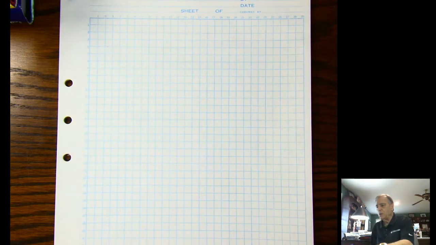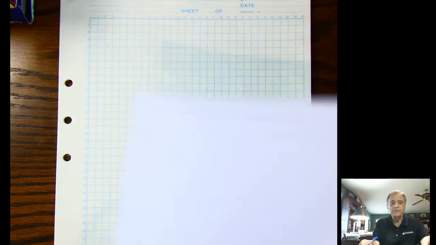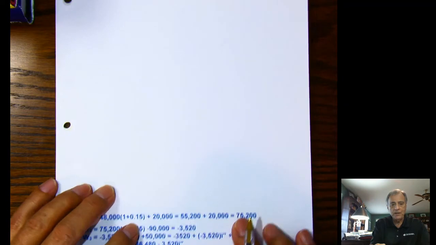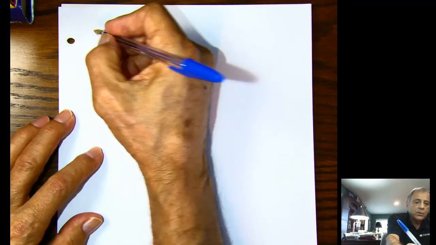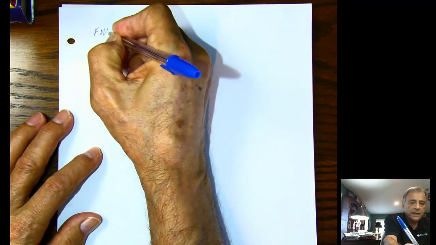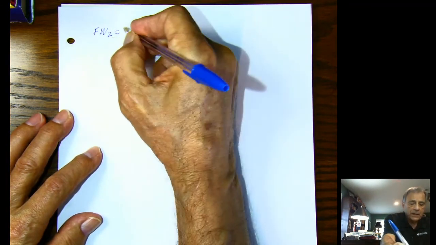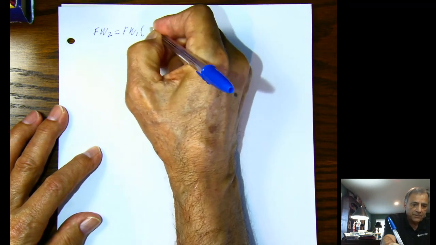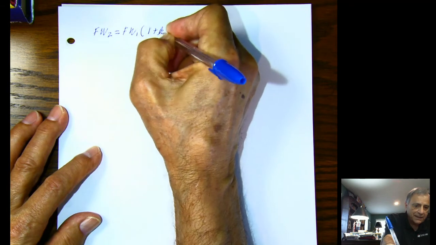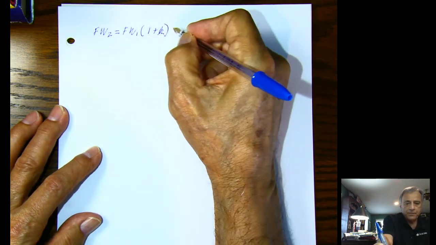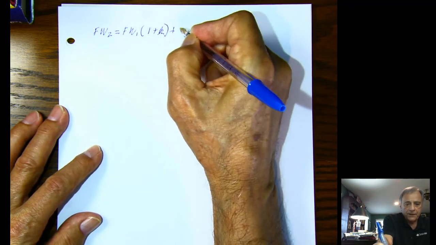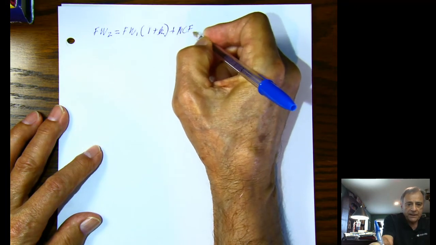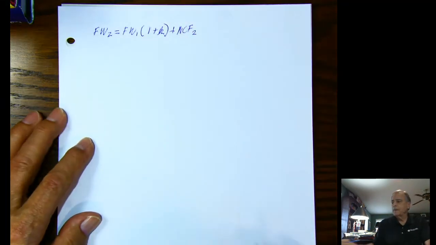So I'm going to show you one more step. We'll take another step forward, and we're going to do that here on this next blank page. So the future worth at time 2 equals the future worth at time 1 times 1 plus K plus the net cash flow at time 2.